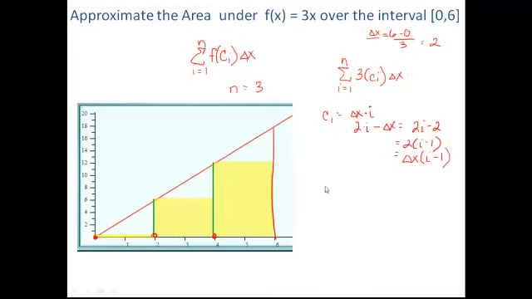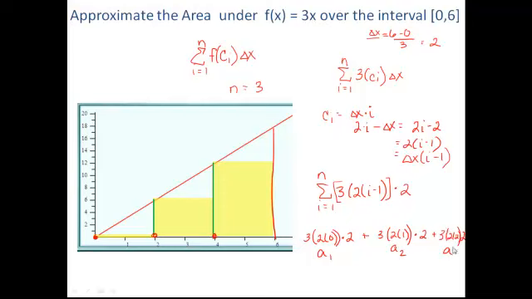So in the end, my setup would look something like this. Okay, and then that's my function. That's the height of all my rectangles, and then times 2. Here's my width. So when all is said and done, what it would look like is something like this. This is the area of my first rectangle plus, and then we have 3 times, that's the height of this rectangle right here, and then times 2, and then plus, and then we have, here's the height, and then times the width.